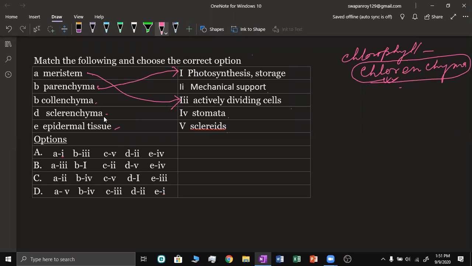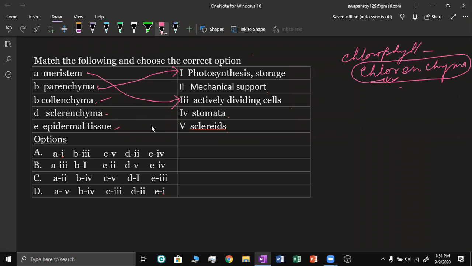So it is collenchyma, let us leave it for the time being.